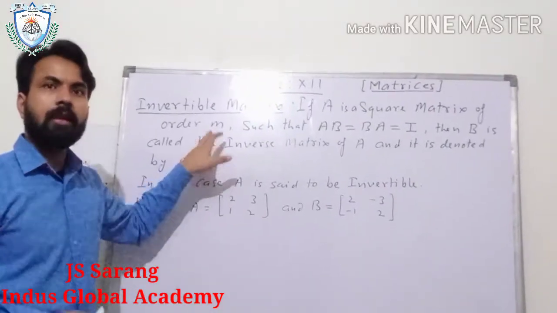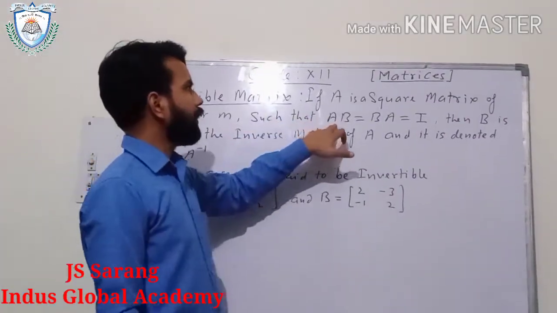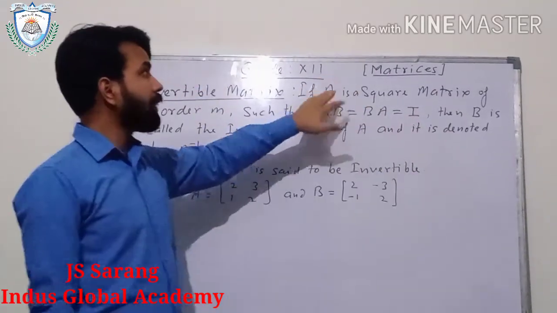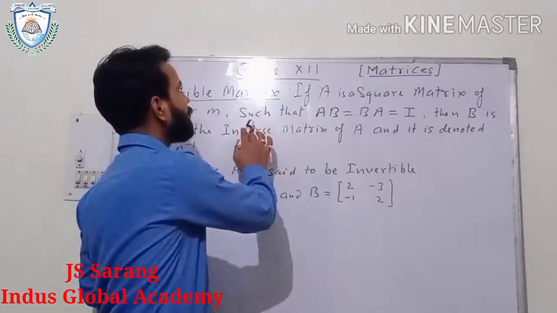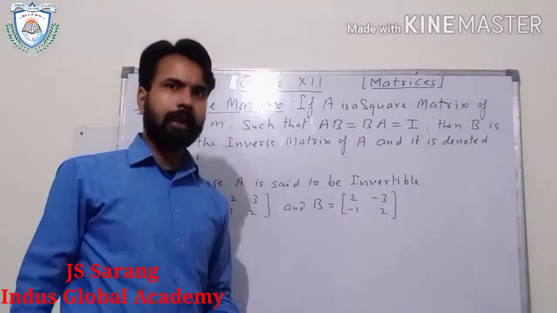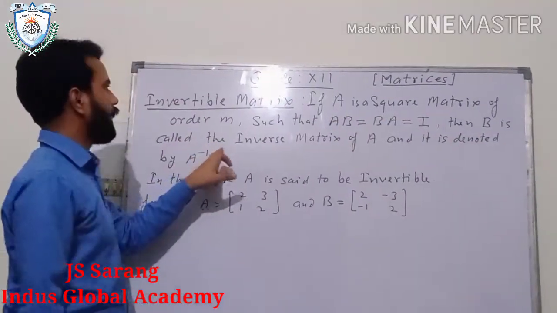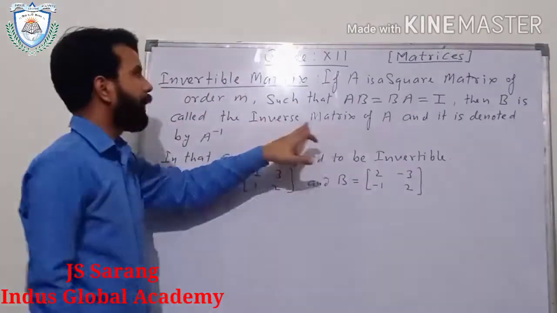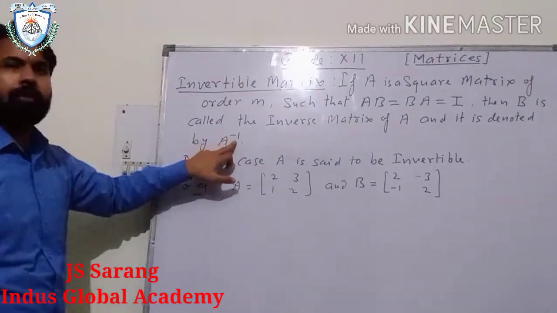If A is a square matrix of order m such that AB is equal to BA is equal to I, meaning A is a square matrix and B is another square matrix, and they satisfy this condition, AB is equal to BA is equal to I, where I is the identity matrix, then B is called the inverse matrix of A, and it is denoted by A inverse.